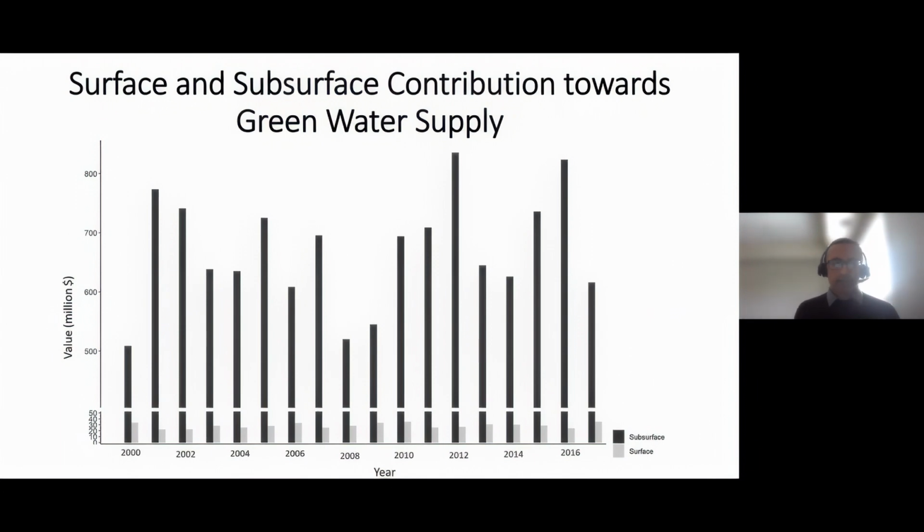But if you look at the subsurface storage contribution, that is much bigger. So it clearly shows that when it comes to the ecosystem services supply, the subsurface storage plays a major role. And its mean value is almost $650 million per year for the South Nation watershed.